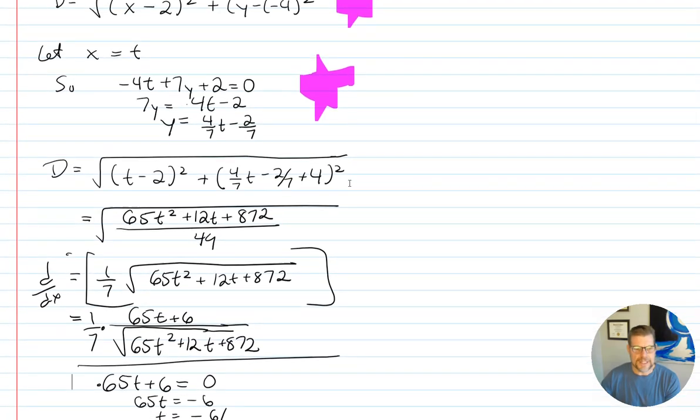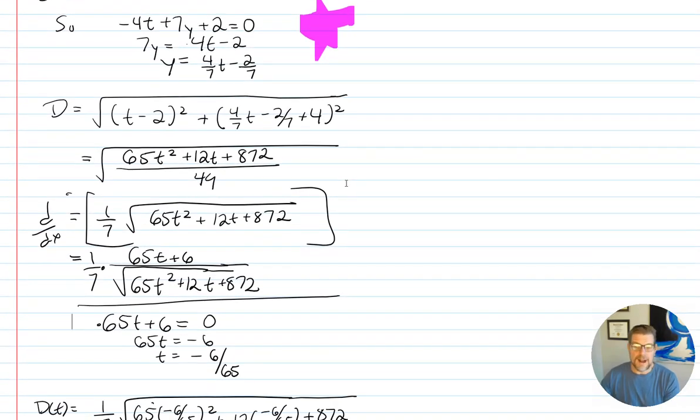Now I need to figure out when this equals 0. The bottom part can't equal 0, so the top part, 65t plus 6, has to equal 0. Then we'll check to make sure that doesn't also make the bottom equal 0, because then you'd have a critical point, but you wouldn't actually have your derivative equal to 0.